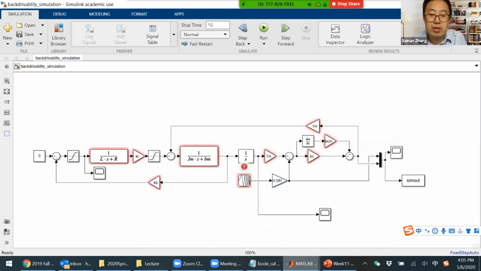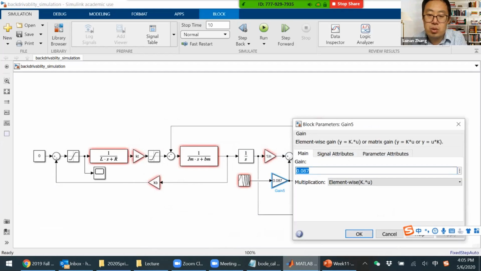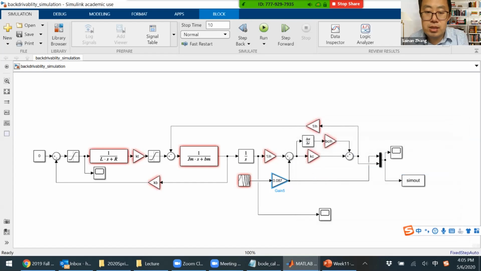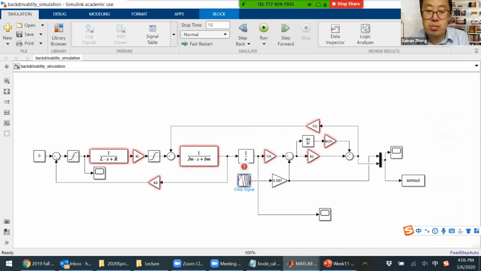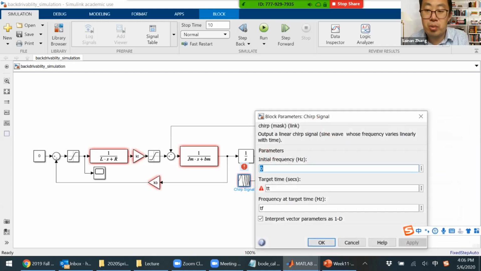And in this case, for the chirp signal, ideally we should write this motion, right? For the chirp signal, we converted this degree. We assume the unit of this chirp signal is degree, right?